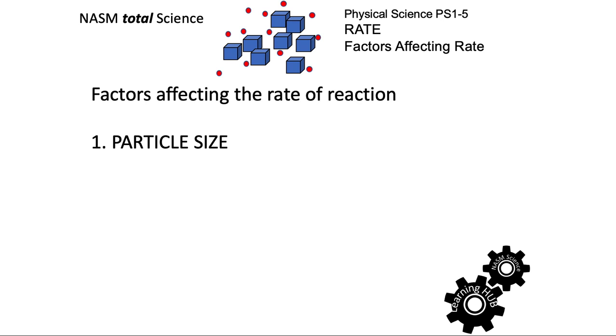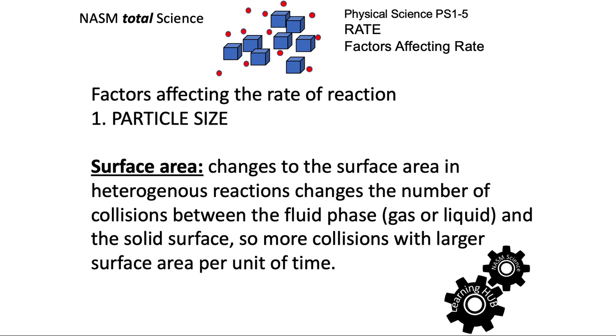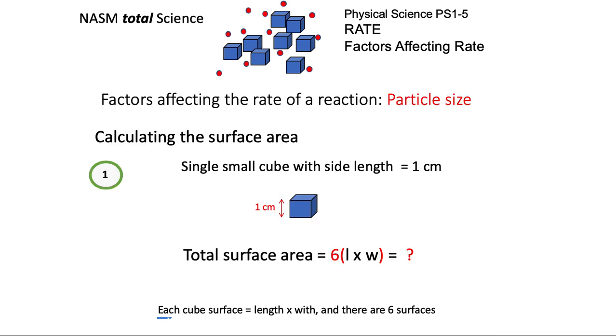So the first one we're going to look at is particle size. So again, it's looking at the same substance. So really we're looking at surface area and looking at the number of collisions which are possible because of the sample size that you've actually got.